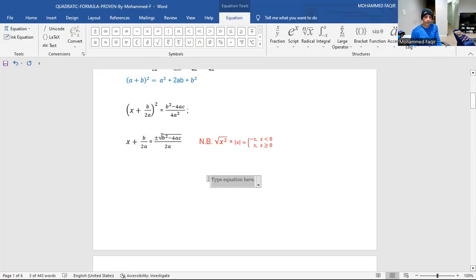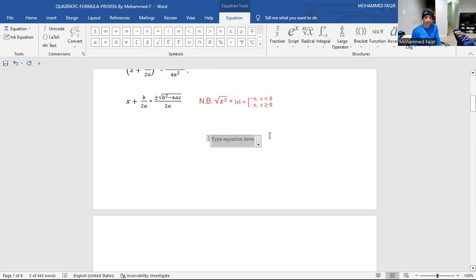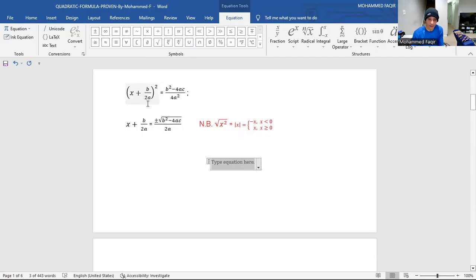And you discuss: if this is positive, we have two real solutions. If this equals 0, then you have one real solution, which is minus b over 2a. And if it's negative, then you have two non-real solutions. And I can go ahead and pull them back here and put the discussion of the results.